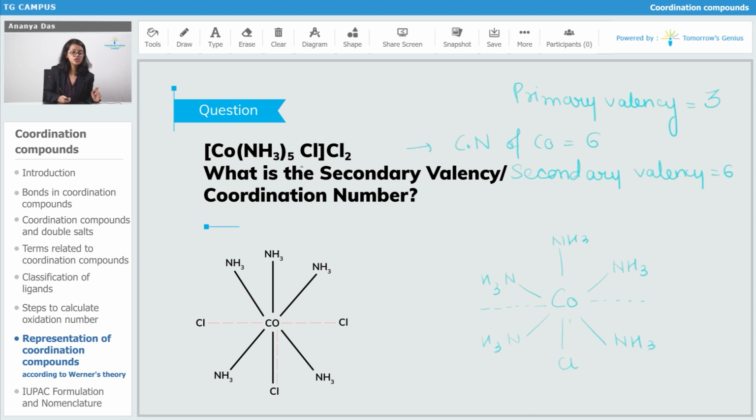But only 2 chlorines are present outside, and there are 3 primary valencies you have to satisfy. So the chlorine present within the brackets is going to satisfy the primary as well as the secondary valency. This chlorine satisfies both, but it is not ionizable, because even though it satisfies the primary valency, it is still present within the coordination sphere. So this is how the structure has changed even though the primary and secondary valency were equal to our previous complex.